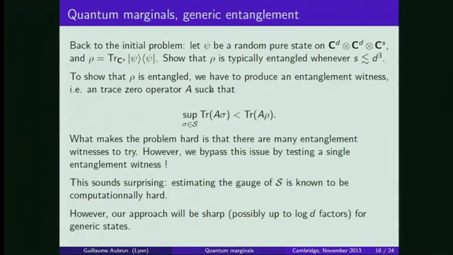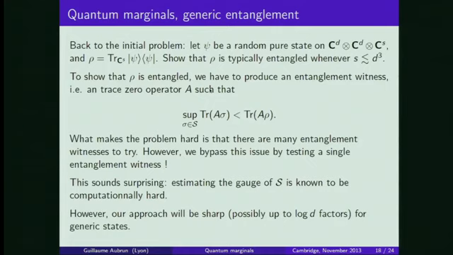Okay, so now that we keep in mind this estimate, I will connect it to the initial problem. So what was the problem? We had a pure state on a tripartite space, C^d tensor C^d tensor C^s, and you took the quantum marginal, forgetting about the C^s part. And I wanted to show that rho is typically entangled when s is smaller than d cubed. So how do you show that the state is entangled? Entangled means not in this blue set.